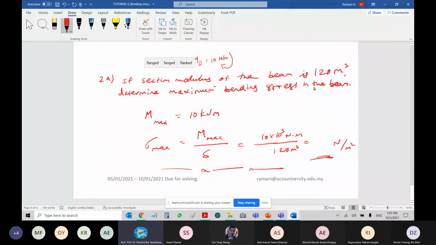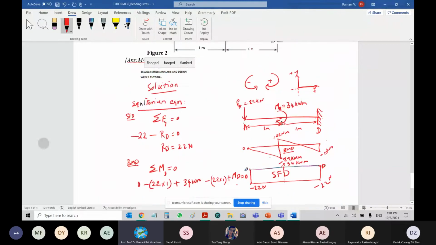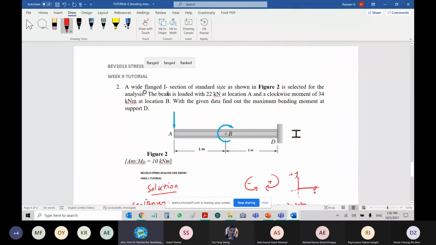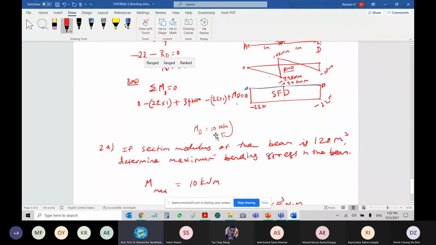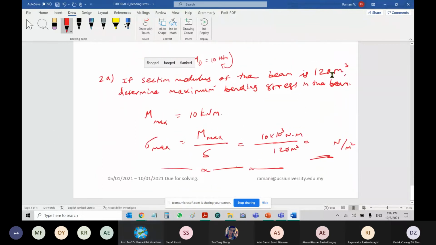This is a different case. How much is the moment? Moment you found here, right? Moment is low, just 10 kilonewton, where the section also very low. With this, we have to find how much is the maximum bending stress. So we can make use of the relationship from the flexural formula that we derived.